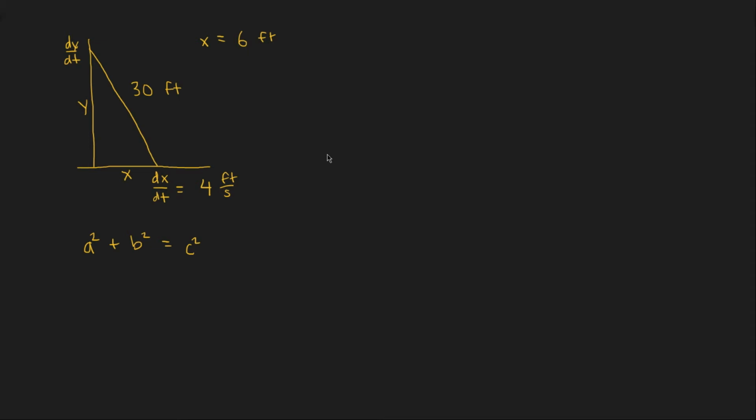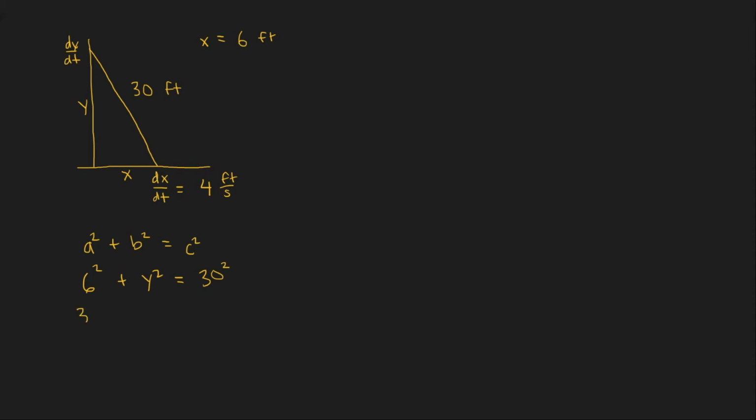Then we plug in our values that we know. So if a is x, we're dealing with the instant that x is 6. So 6 squared plus b squared, which is the unknown, so y squared equals c squared, which is 30. So 30 squared.